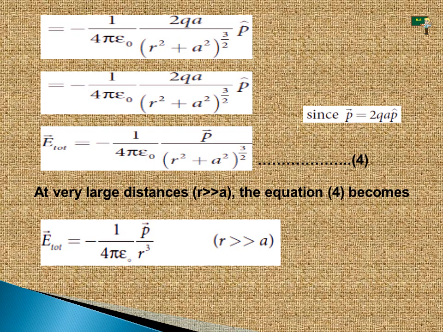Cancelling the square 2 and this 2, you will get the power 3 here. So E total is equal to minus 1 by 4 pi epsilon 0 P divided by R cube.